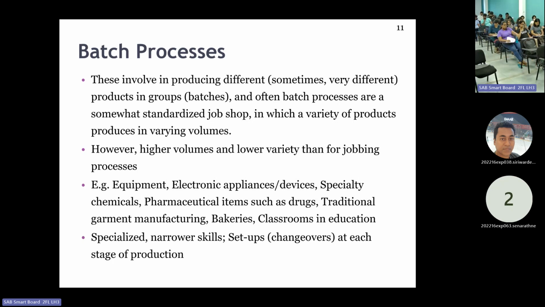That is the main difference between these and jobbing. In fact, that is why we call them batch processing: somewhat standardized jobbing. We reduce the variety and increase the volume.